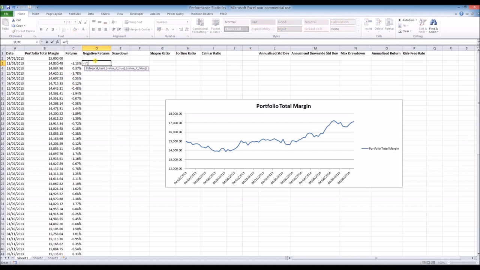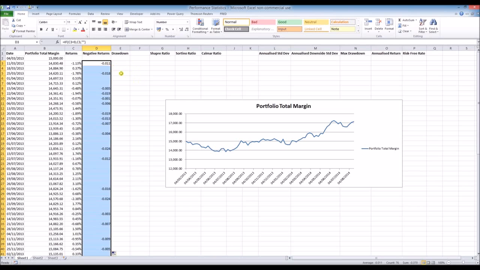So equals if, the logical test is if the cell in column C is less than 0, i.e. negative, then we want to return that value, and if not, leave the cell blank. Those two speech marks mean leave the cell blank. Copy that down.